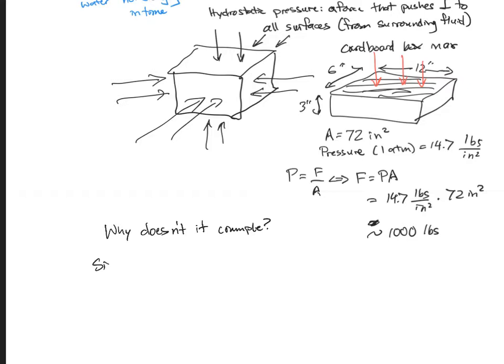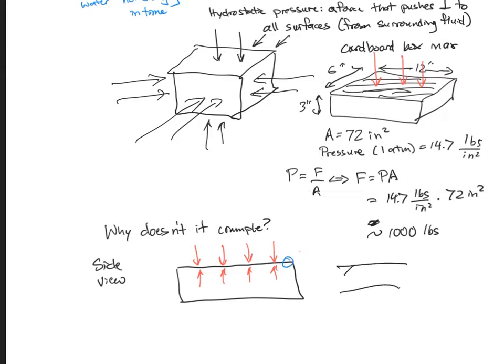Let's look at a side view. So here is the box. Here is that pressure pushing down on it with about 1,000 pounds of force. But the inside of the box is also filled with air, and so there is an equal force pushing upwards on it that is canceling it out. And even if you were to look inside the cardboard, you know that the cardboard has a kind of corrugated structure.